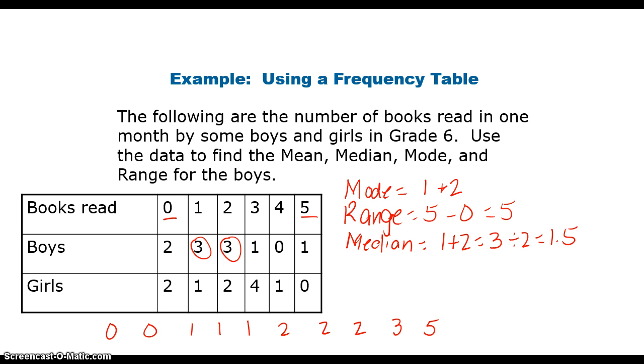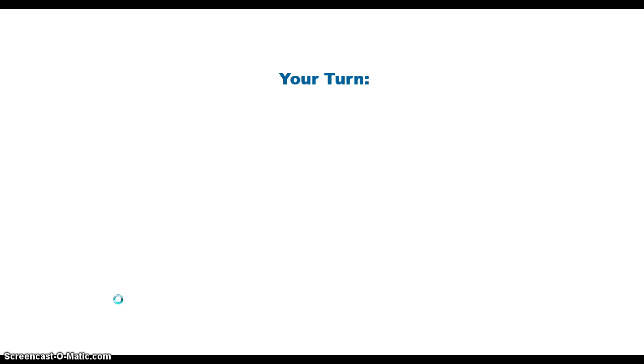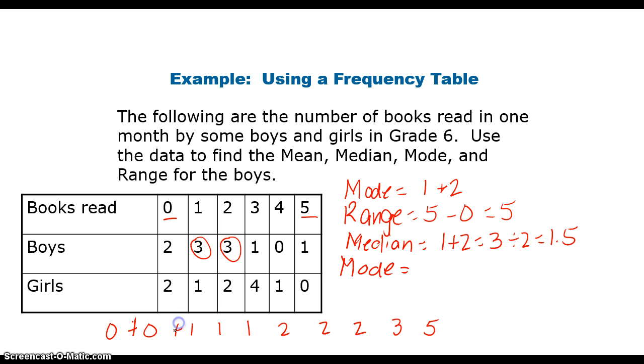Now, using the same list, I can find the mean of this data. I do that by adding up all of my data items. 0 plus 0 is 0, plus 1 is 1, plus 1 is 2, plus 1 is 3, plus 2 is 5, plus 2 is 7, plus 2 is 9, plus 3 is 12, plus 5 is 17.